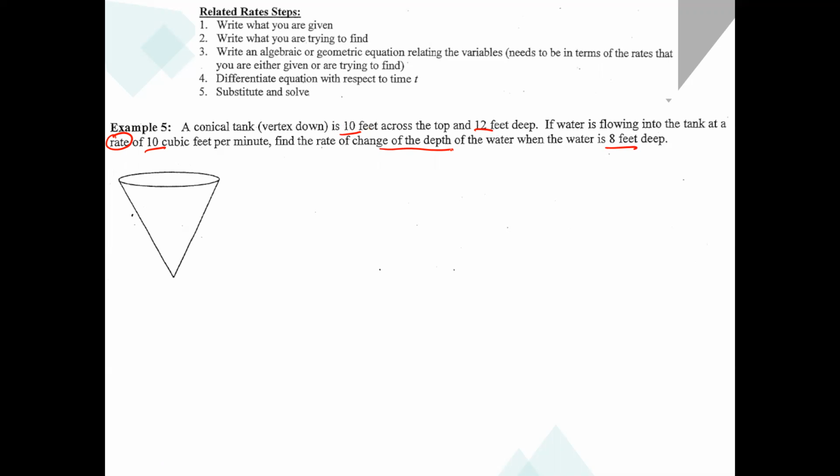So as I'm looking at this, it is in the shape of a cone. And if you go back to geometry, remember the volume of a cone is going to be pi over 3, or 1/3 pi r squared times height.